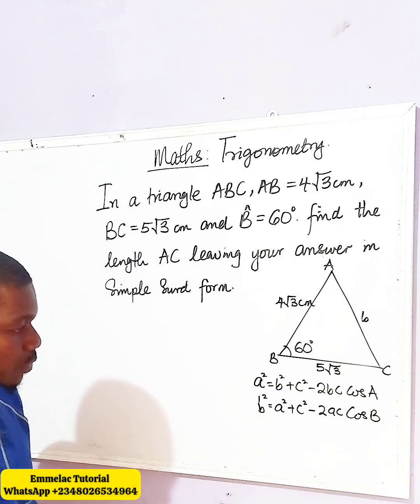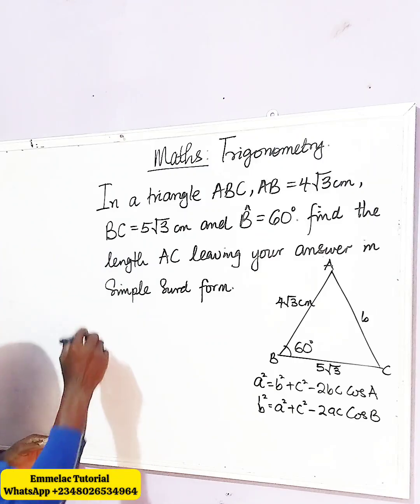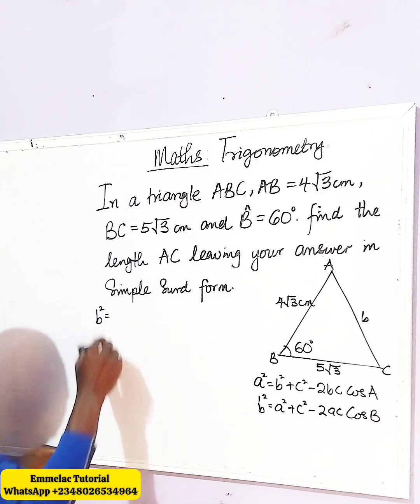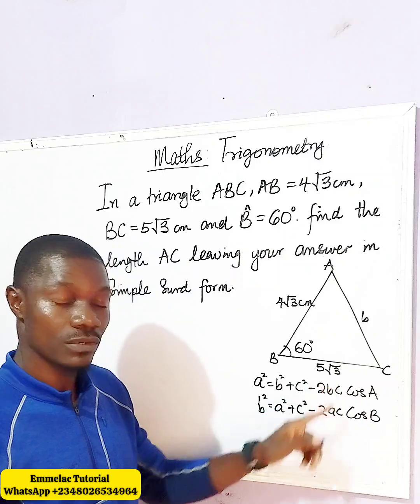Okay, so at this point, let us now begin to solve. So our b squared now equals our a is 5 root 3.